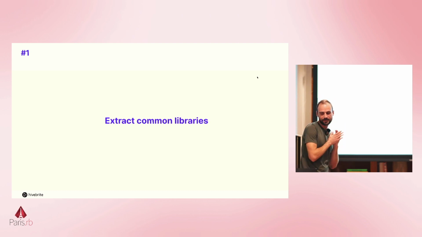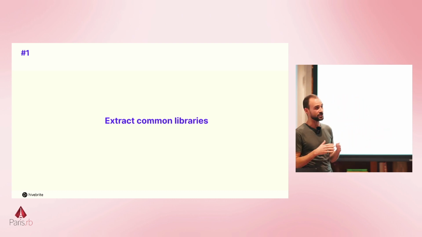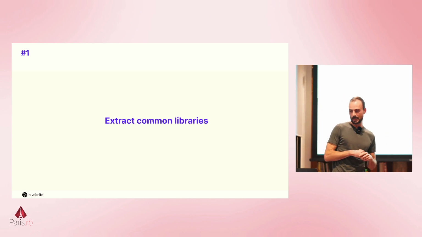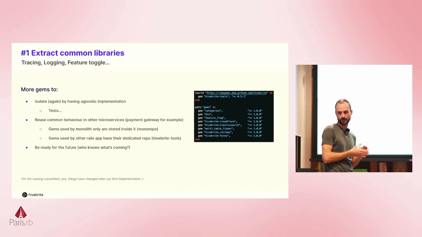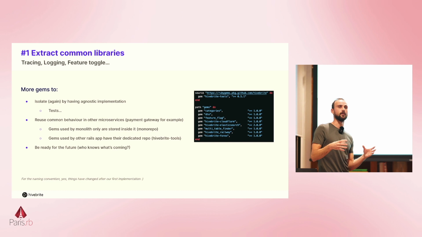So the first one is about extracting common libraries. I'm sure everyone here is aware of gems. It's pretty common in the Ruby ecosystem. This is something that we've done. We've decided to extract common behavior from our monolith.